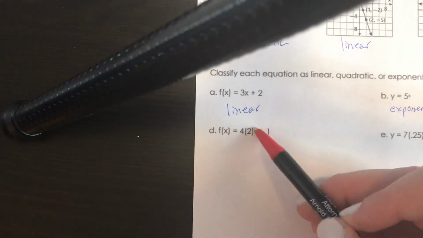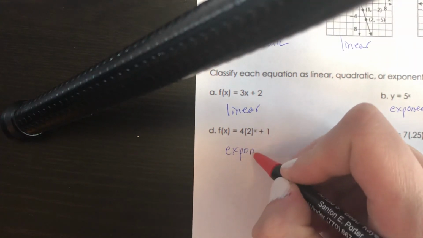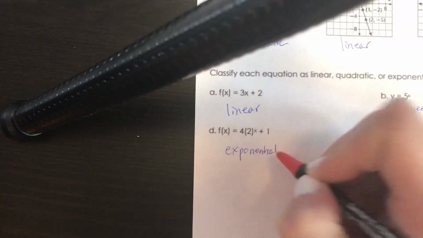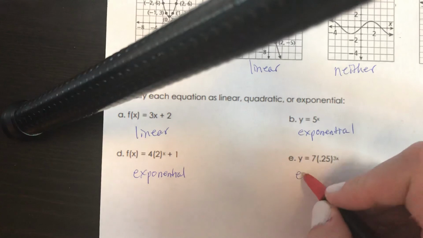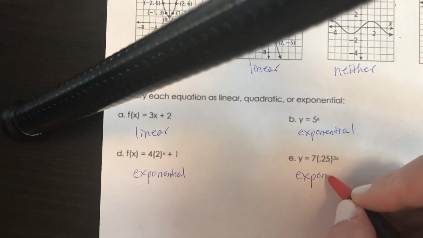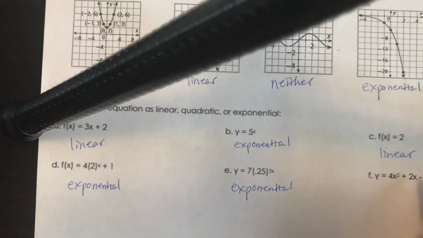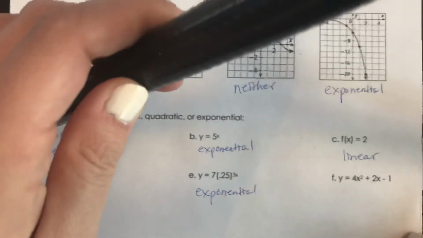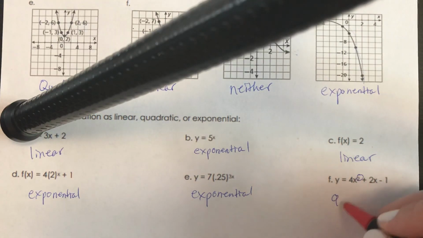Then this has an exponent, or x is an exponent, so it's exponential. Okay. This is an x in the exponent, so exponential again. And then the last one, we have an x squared. So since we have an x squared right here, we know this is quadratic.